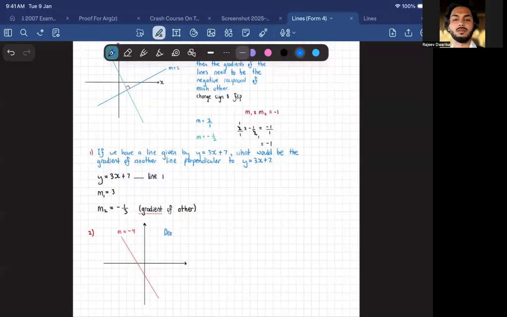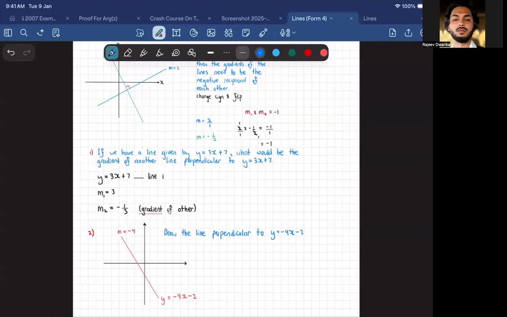Draw the line. And let me just say that this line had an equation of y is equal to -4x minus 2. So draw the line perpendicular to y is equal to -4x minus 2.